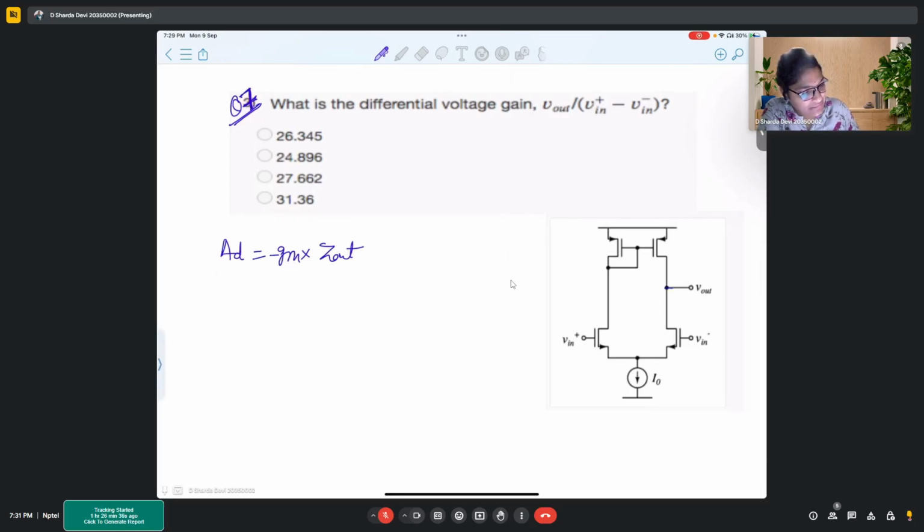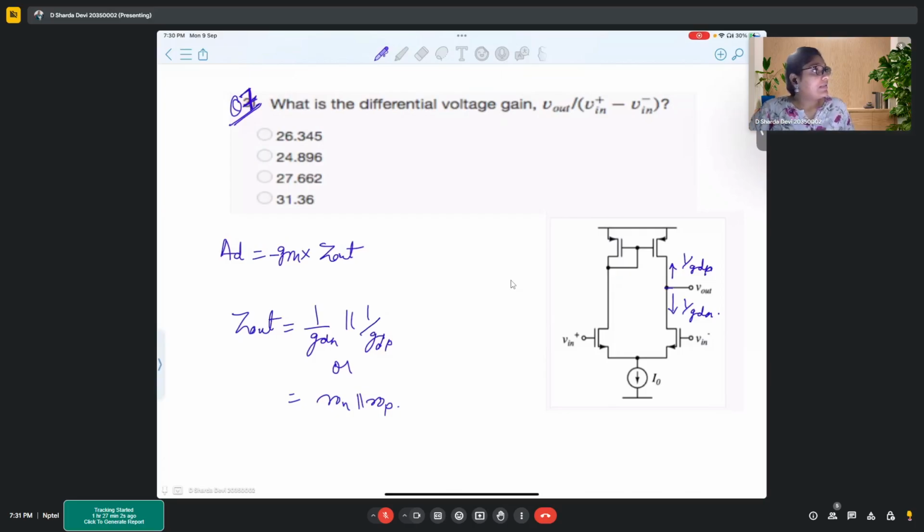From here, if we see the Z out, it should be 1 by gdn, sorry, gdp. From here, we would get 1 by gdn. These two will come in parallel. So Z out will be 1 by gdn parallel 1 by gdp, or R naught N parallel R naught P. So this should be R naught by 2.